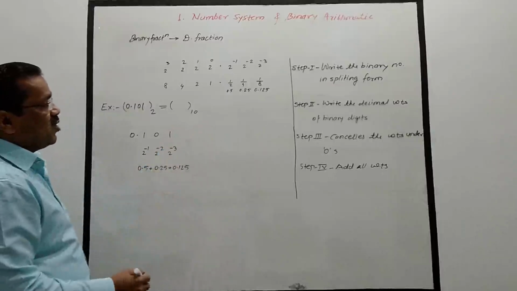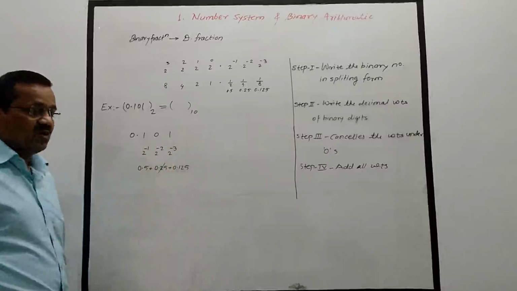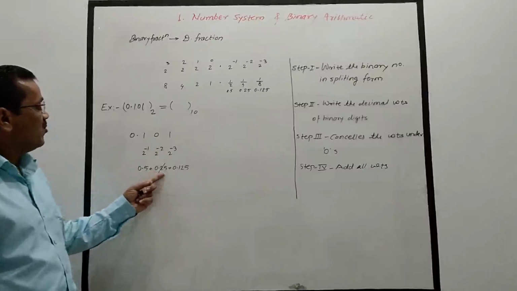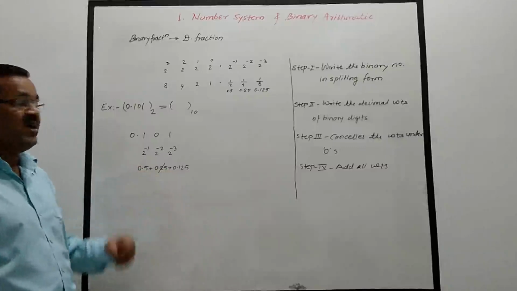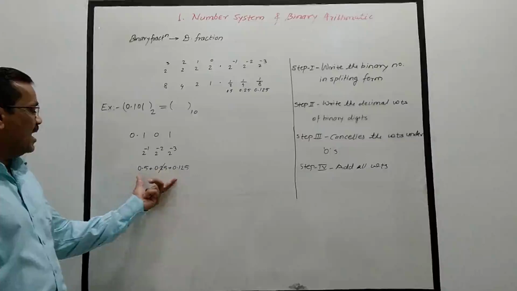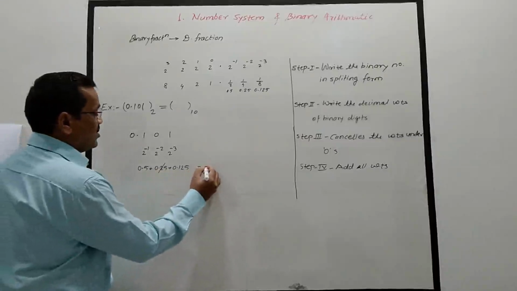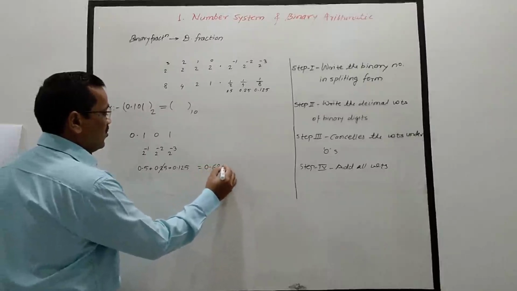Next step is what? Cancel the weights under 0. That means here under 0 it is 0.25. This weight is to be cancelled. Now add the remaining weights, and that will be 0.625.